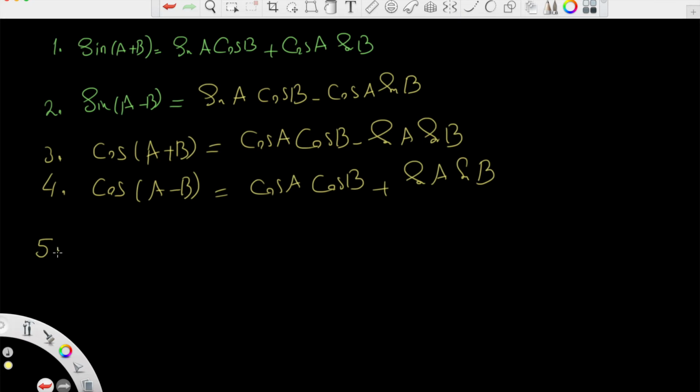And the fifth one, tan of A plus B. You can combine these two formulas. You know that tan is sine over cosine.